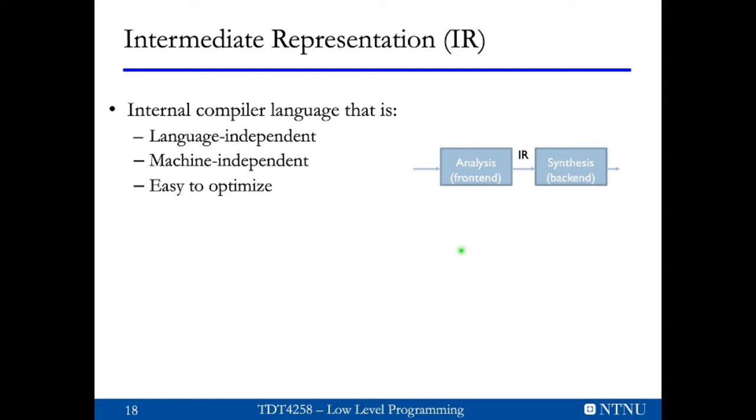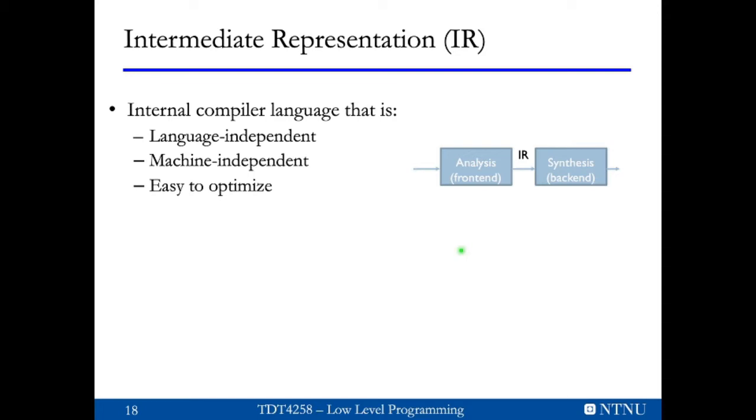So it's independent of your source code language, but it's also independent of your machine code language, and it's on a level that makes it easier to optimize the code. So your optimization steps can be simple, can be general, and work for many different languages and machines.